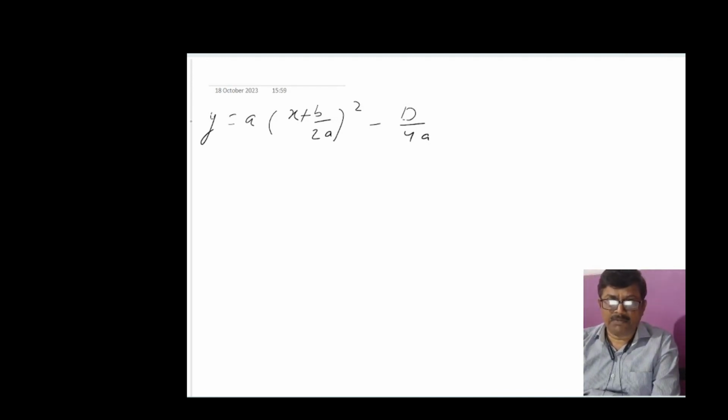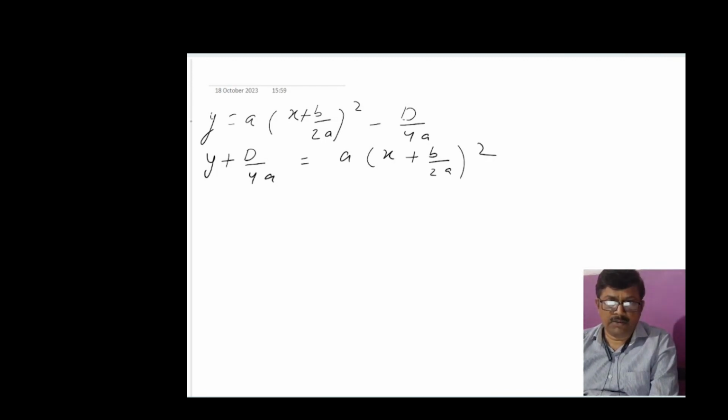Now take this D upon 4a to the left hand side. So y plus D upon 4a equals a into (x plus b upon 2a) whole square. Now divide by this a on the left hand side. So this will be 1 upon a (y plus D upon 4a) equals (x plus b upon 2a) whole square.